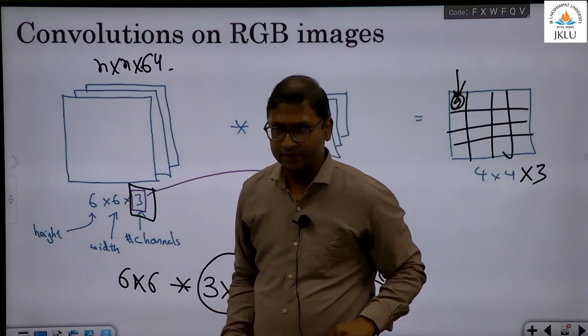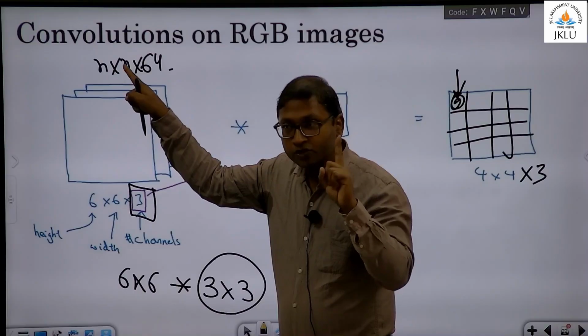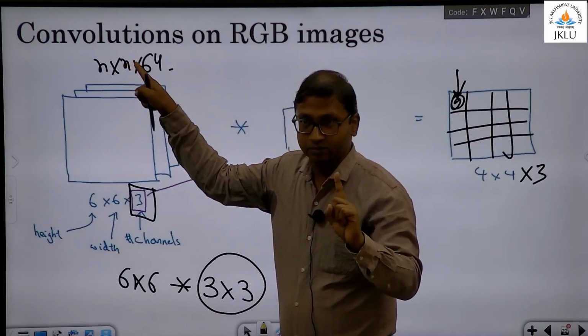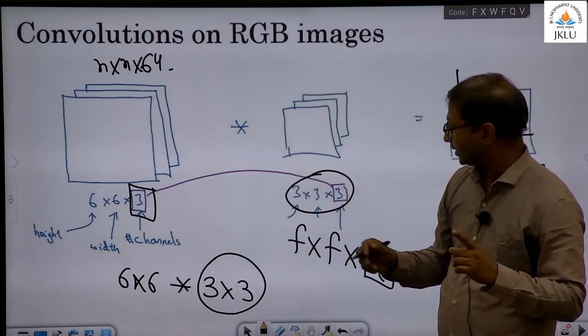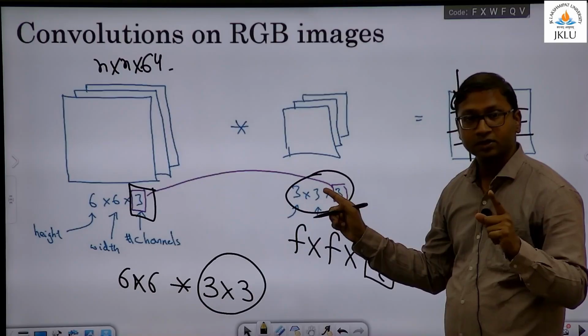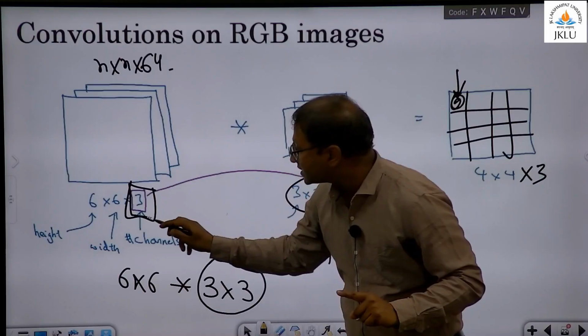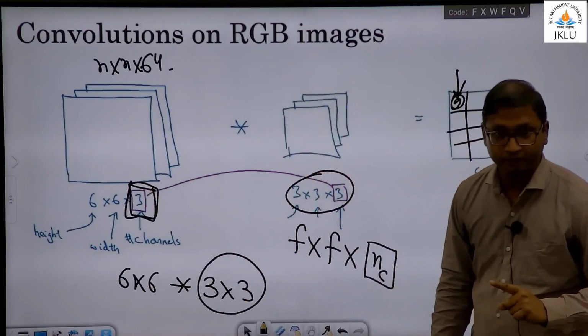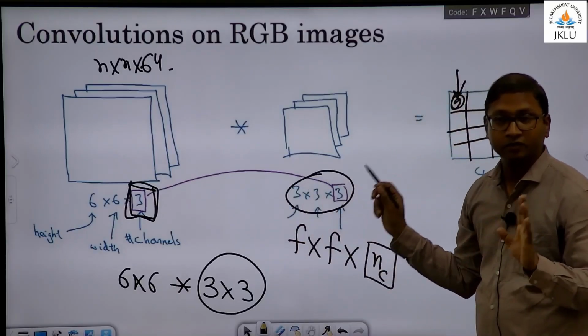So 64 dimensions. If you were supposed to take a convolution of this image, what will be the filter size? It will be 3 cross 3 cross 64. So whatever you have as the third dimension, that fixes the third dimension in your filter.